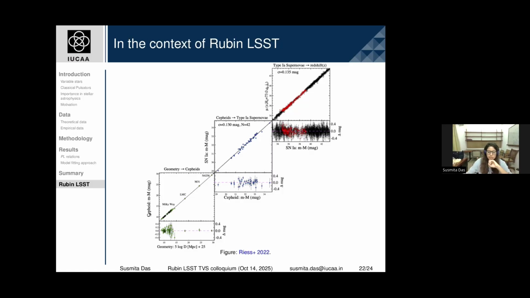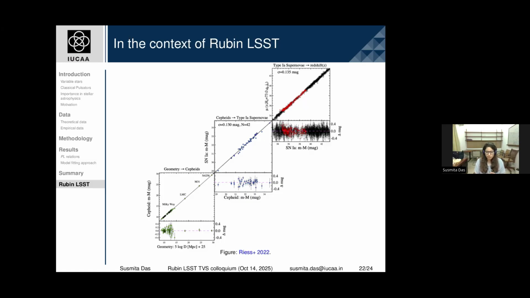So this is the typical population 1 distance ladder scale, where in the first rung there are the geometric distance determinations, and then there are Cepheids detected here, and this is how we calibrate the BL relation for Cepheids. Next, the next rung deals with host galaxies where there are both Cepheids as well as supernova type 1a, and so on.